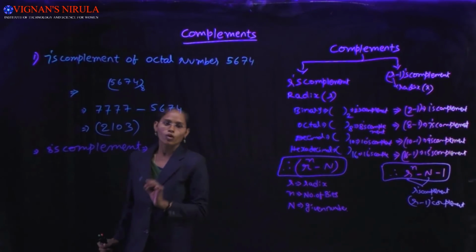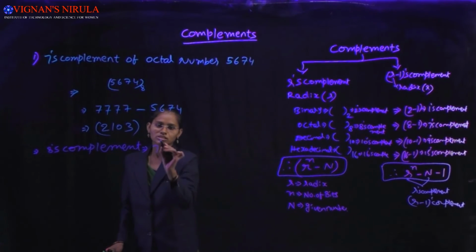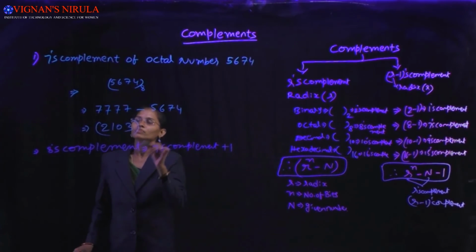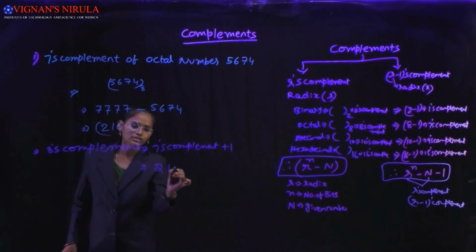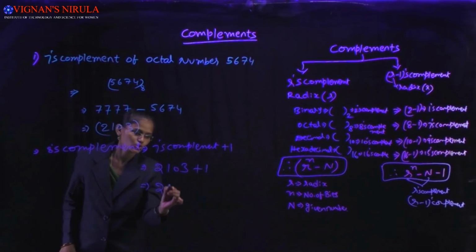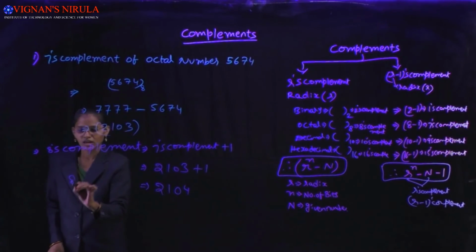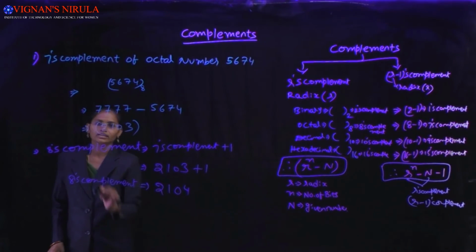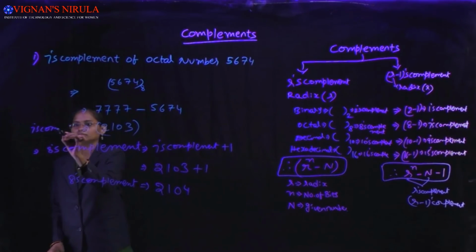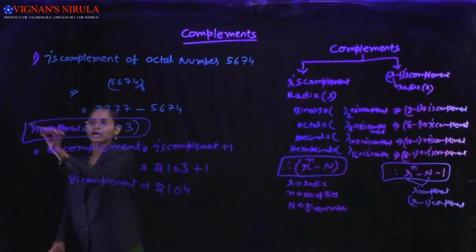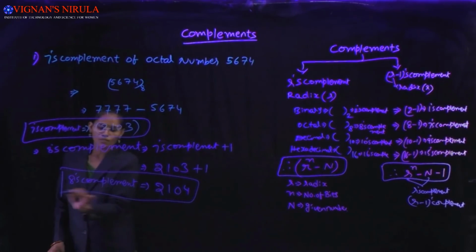What is eights complement? Sevens complement plus 1. In the given problem, the sevens complement is 2103. Then add 1, so this is 2104. This is the eights complement. This is the sevens complement and this one is the eights complement.